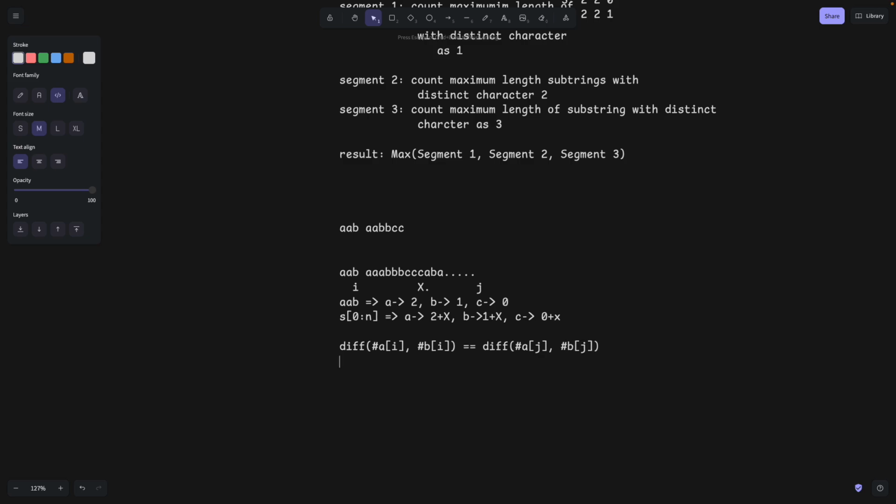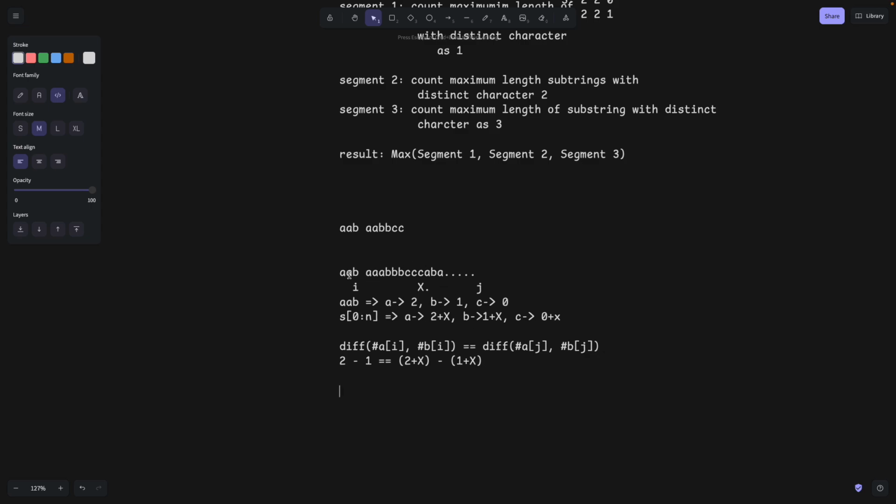Because 2 minus 1 is the same as 2 plus x minus 1 plus x, right? So no matter which character you pick, the difference is going to be the same as the previous one. So this is the basic intuition of solving this problem.